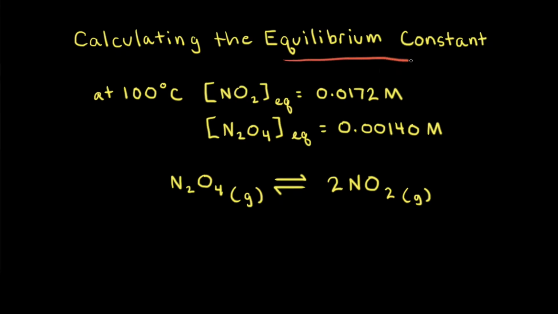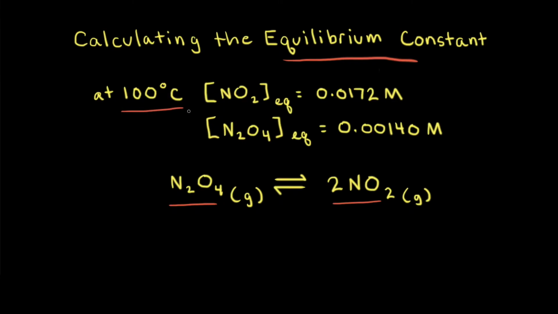An equilibrium constant can be calculated from experimentally measured concentrations or partial pressures of reactants and products at equilibrium. As an example, let's look at the reaction where N2O4 in the gaseous state turns into 2NO2, also in the gaseous state. Let's say we do an experiment and allow this reaction to come to equilibrium, and the temperature is 100 degrees Celsius.